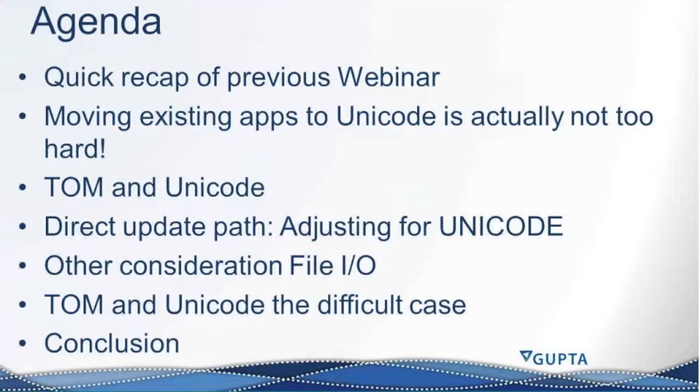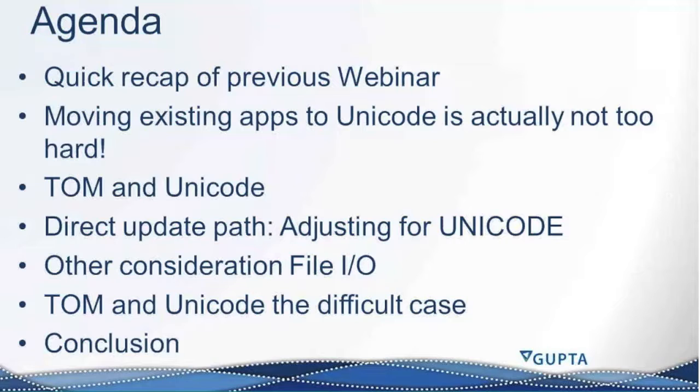Then we'll show you that moving an existing app to Unicode compliance or compatibility is not actually too hard. We'll go over Tom and Unicode issues, direct update path, and adjusting for Unicode. Direct update path means not doing anything, just migrating your application and not adjusting anything for Unicode.